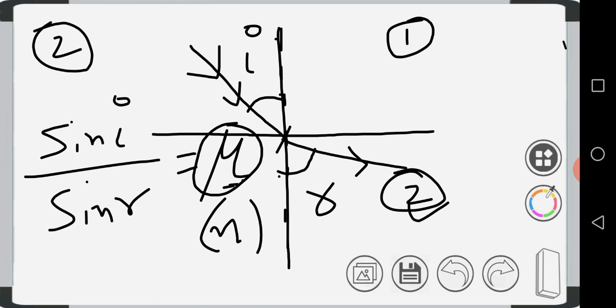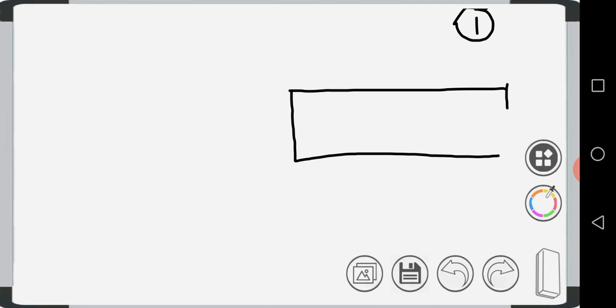Suppose there are two media, this is the boundary, this is medium 1, this is medium 2. Suppose it is a glass slab, this is medium 2, and again this is medium 1. Suppose medium 1 is air, medium 2 is a glass slab. When light travels from medium 1 to medium 2, how will we show it?